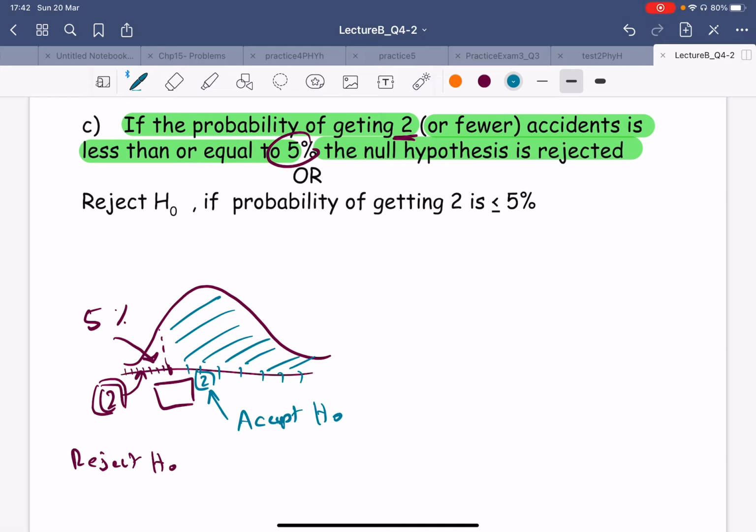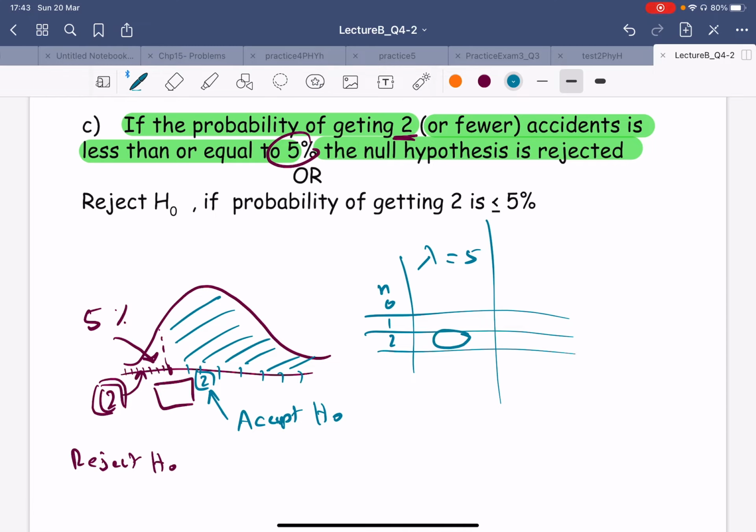For you to test this, you have to use the table that I have given to you before, right? We look at lambda. Lambda was 5. Then you look at n: 0, 1, 2. And then you look at the probability here. If it was 2, how much was it? Let's just pick a number at random. I didn't do it correctly, but say if I put 2 in and I got, say, 0.35.